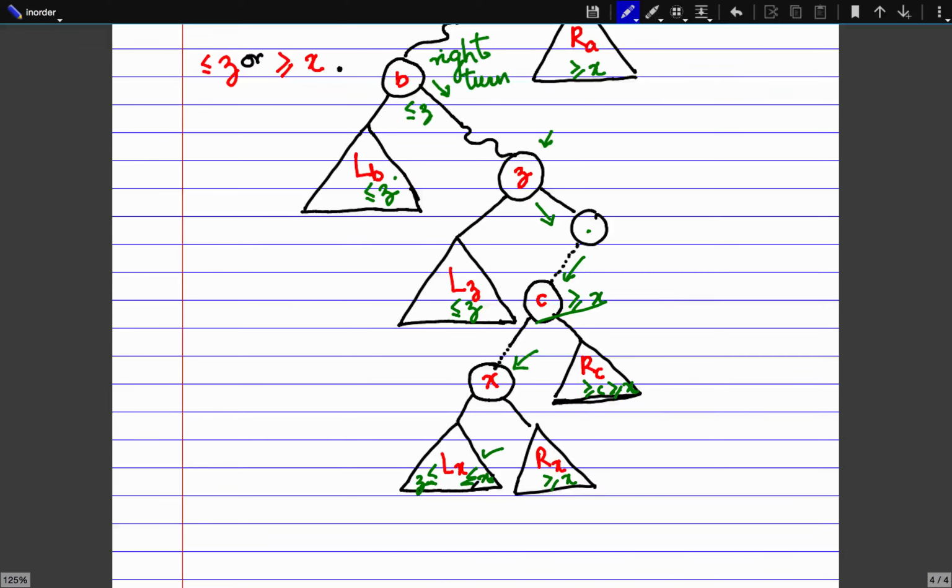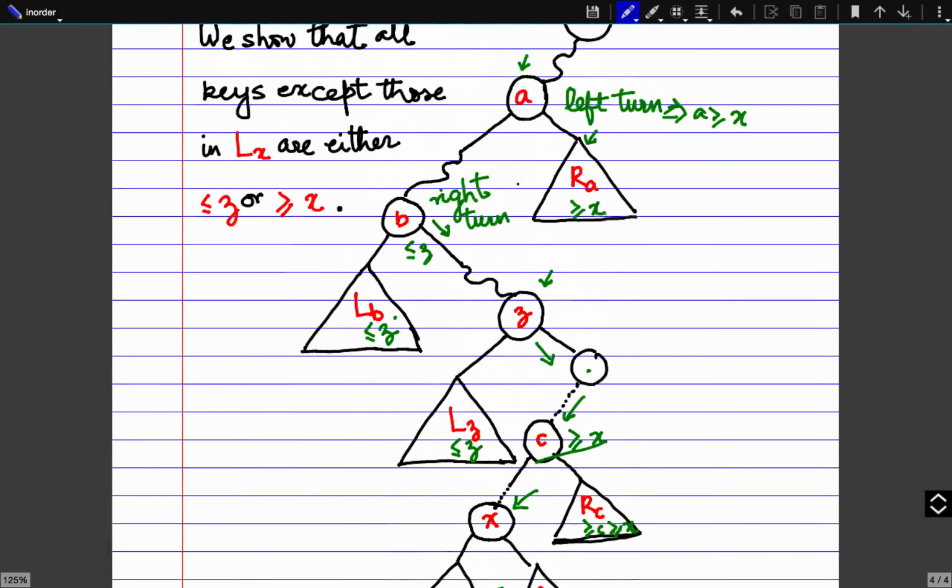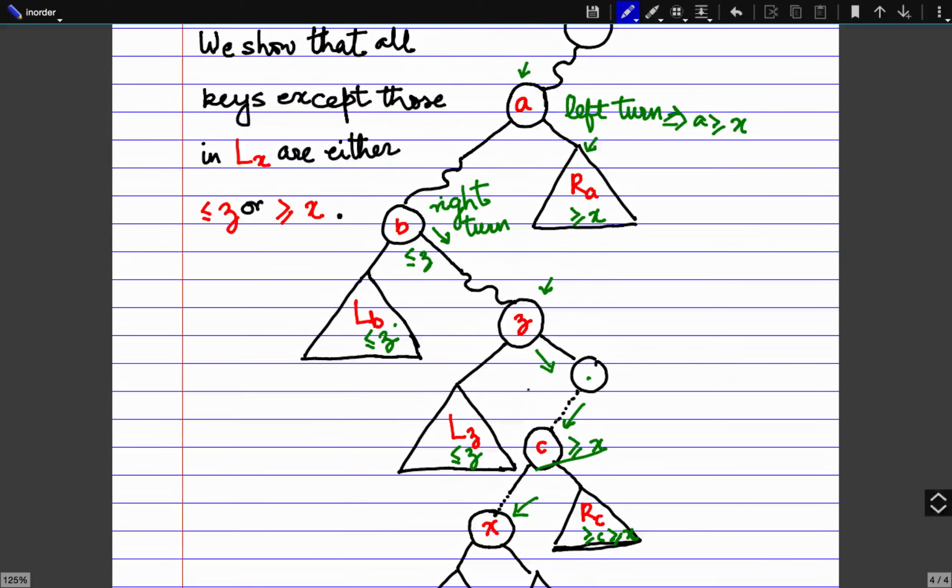So the proof of claim 2 is complete, and we have established that apart from the keys of Lx, all other keys in this subtree which are not z or x are either less than or equal to z, like Lb for a right turn above z, or Lz below z, or are greater than or equal to x, like Ra for a left turn above z, or Rc for a left turn below z above x.